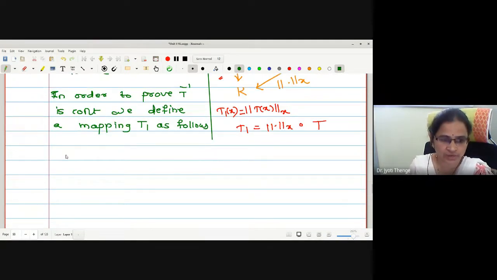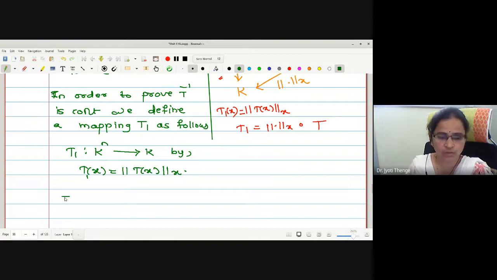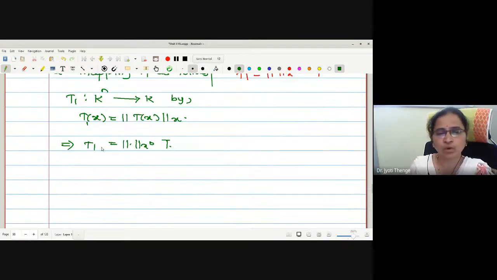T1 I am going to define from Kn to K. The way I define T1x is norm X of T of x, which implies T1 is the composition of norm X and T. What about both the functions, norm X and T? T is continuous, we have already proved.